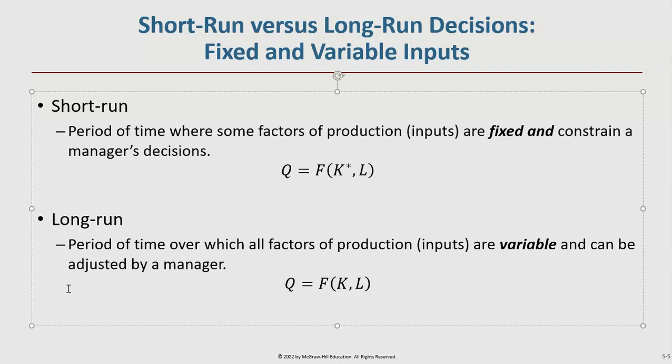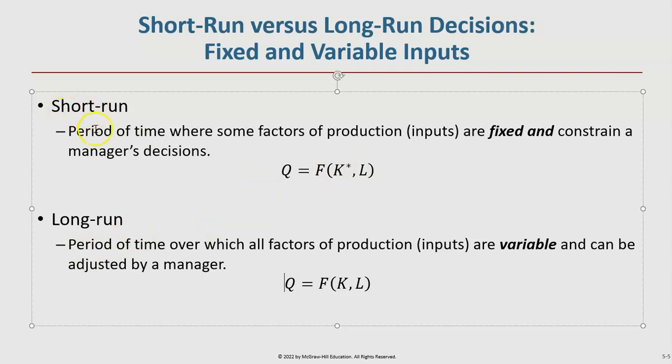Okay, so if a big chunk of your capital is a factory, it might take a year or several years to build a new factory or expand the existing factory. Okay, in terms of equipment, it might take weeks or months to order a piece of equipment and have it delivered and have it be in operating condition so that you can increase your production because you've increased your capital input.